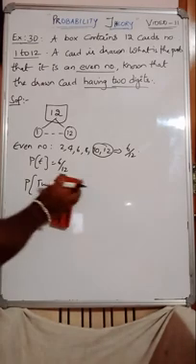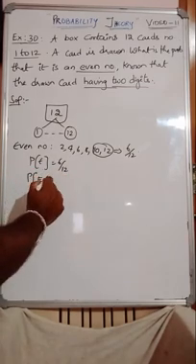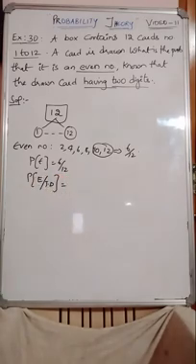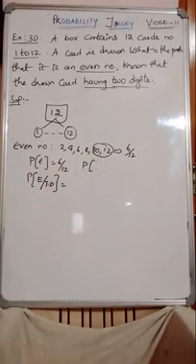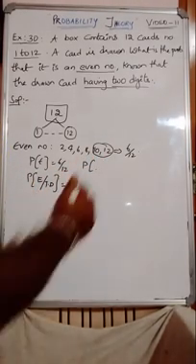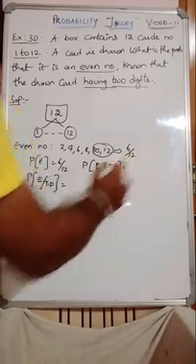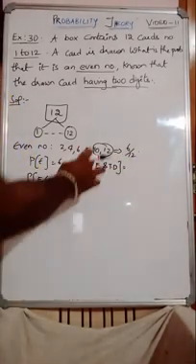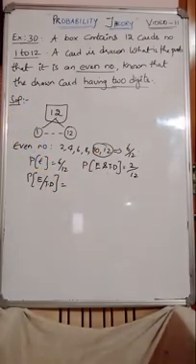What is asked now? Probability of getting even, known that it is a 2-digit card. 2-digit cards were how many? Probability of even with 2 digits. Even and 2 digits were 10, 12. Out of 12, only 2. So 2 by 12.